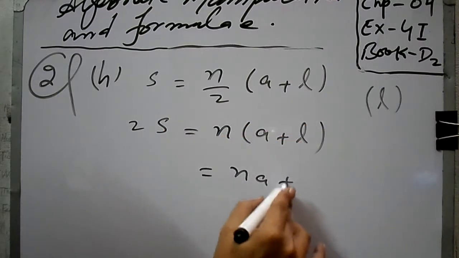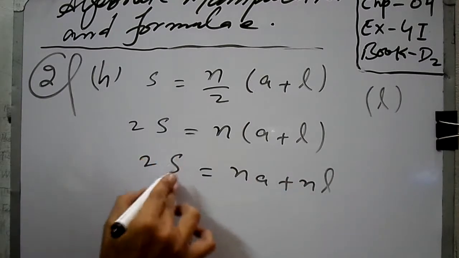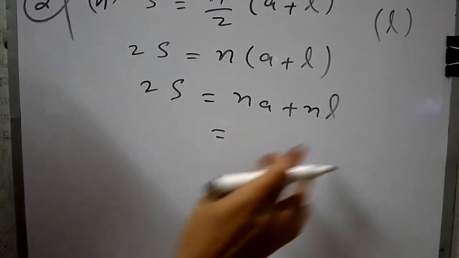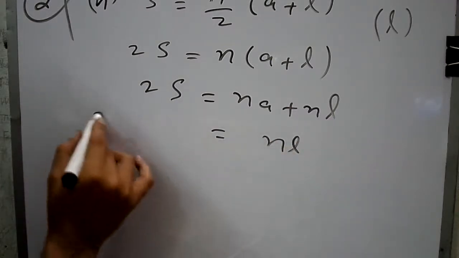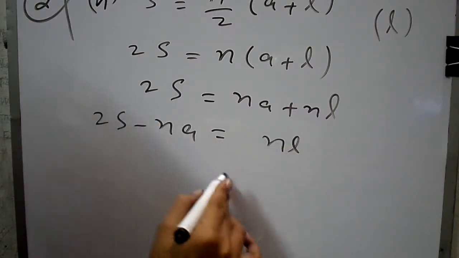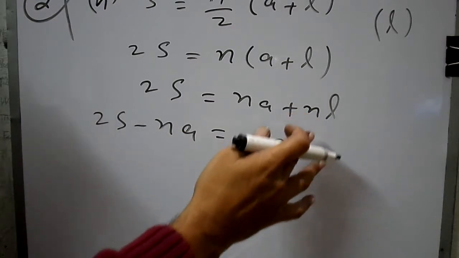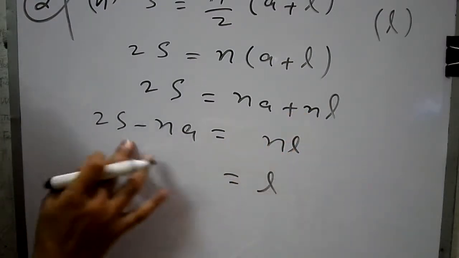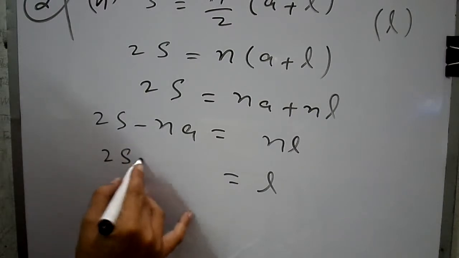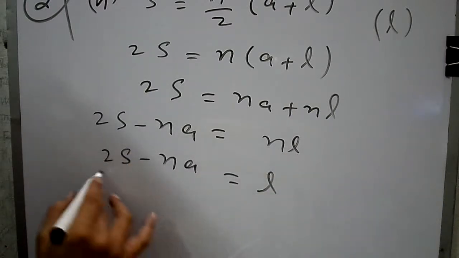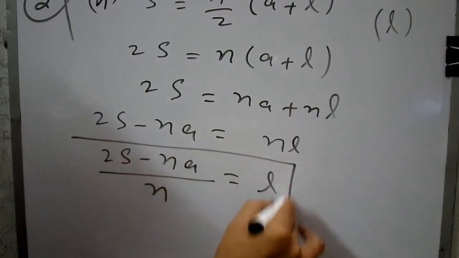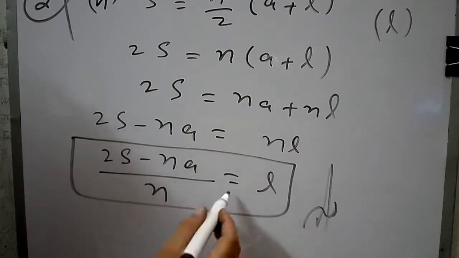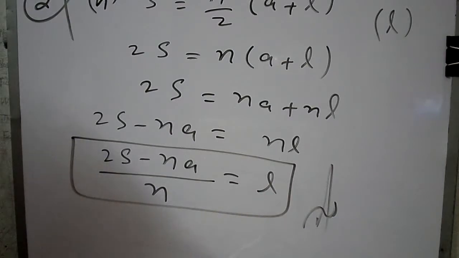So NA plus NL equals 2S. You need the value of L, so NL leave here, so 2S minus NA. So L is equal to 2S minus NA divided by N. So the value of L is this one, L as a subject.